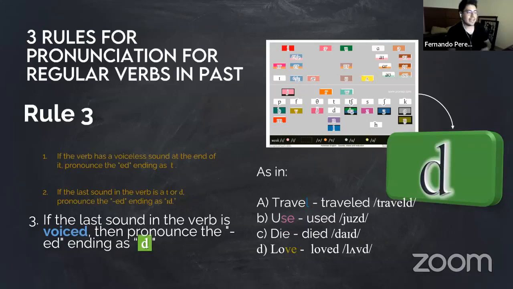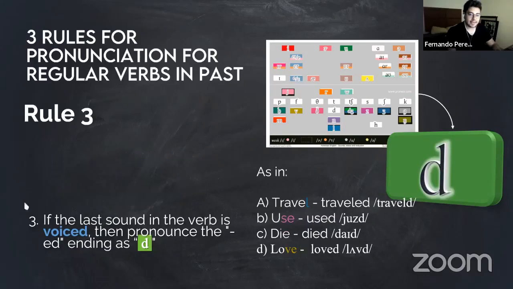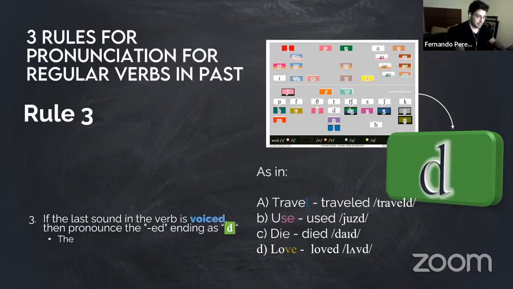Finally, to finish this class, rule number 3 is: if the last sound in the verb is voiced, then pronounce the ed ending as D. Again, the E is silent.